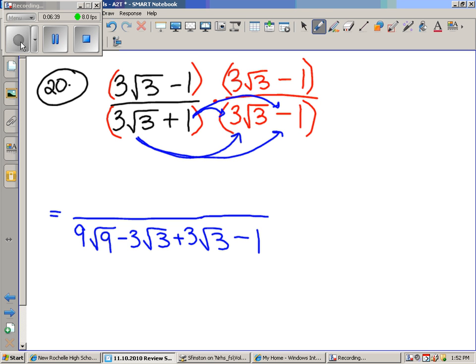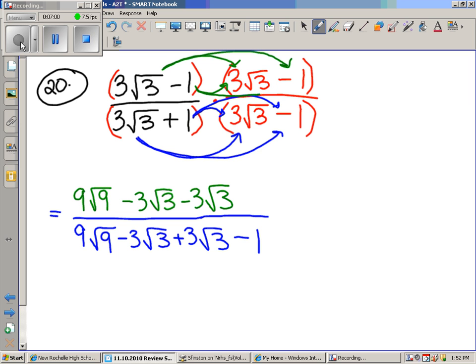There we go. That's the bottom. Let's do the top. It's going to be 9 root 9 minus 3 rad 3 minus 3 rad 3 plus 1.